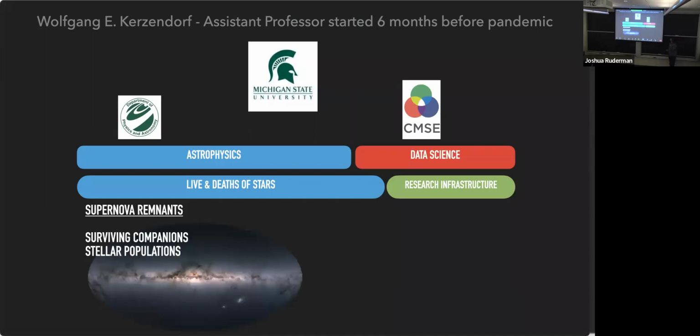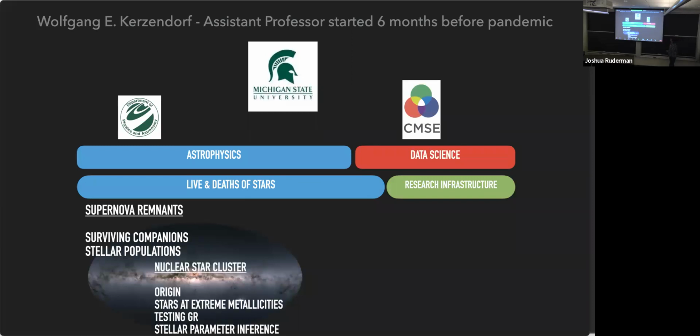So I work on supernova remnants, surviving companions, or failing to find surviving companions, as Mark put it. I work on stellar populations around supernova remnants. I work also on the nuclear star cluster, specifically on the origins, like stars at extreme metallicities near the nuclear star cluster. And obviously you can test GR as has been done by several groups in the US and in Germany and other places. And I do stellar parameter inference.